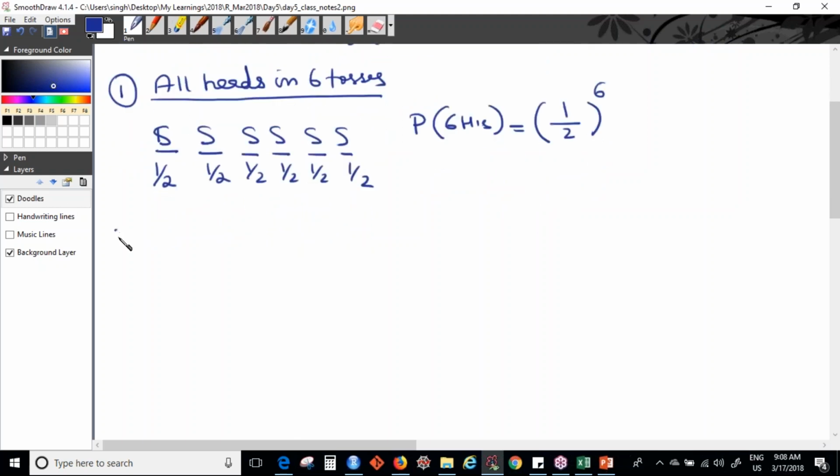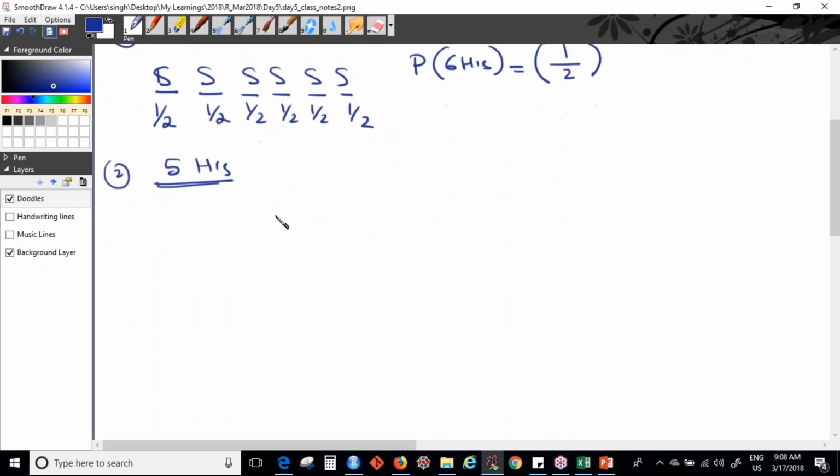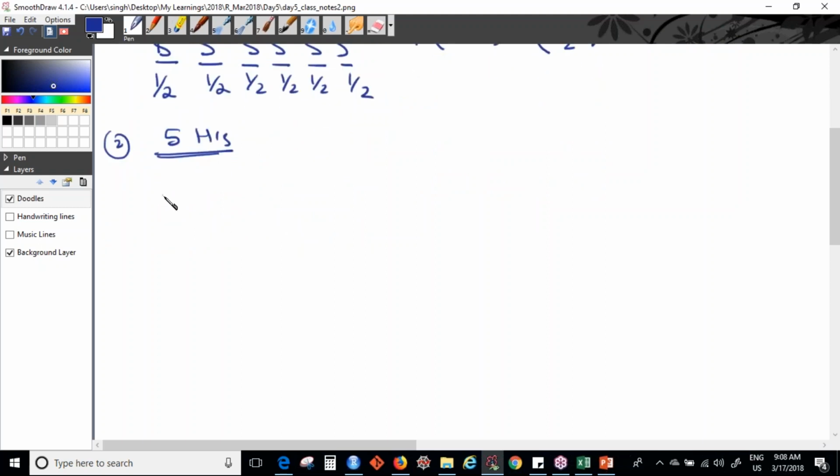Okay, now let's come to the second situation. Probability of getting 5 heads. Okay, now we will see the probability of getting 5 heads. So let me write it down: 1 2 3 4 5 6. So 6 times I am tossing my coin. 5 heads means I will write 5 successes: 1 2 3 4 5 success and 1 failure. Okay, so what is the probability of this success, guys? The first one, yeah, it is 1 by 2.